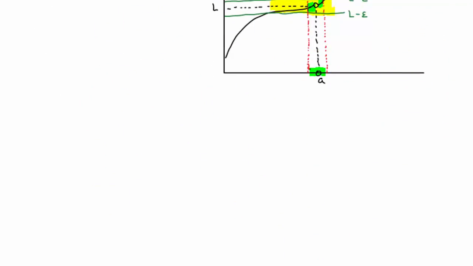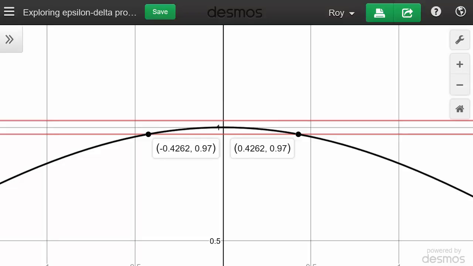Well, for the epsilon value of 0.03, we need delta, which is supposed to be a positive delta neighborhood. And remember, it's a radius neighborhood, so we need delta to be less than 0.4262. I say less than because you definitely want to be conservative with your estimates. So 0.4262 is what I'm going to put here.